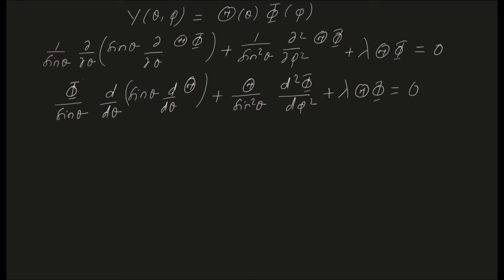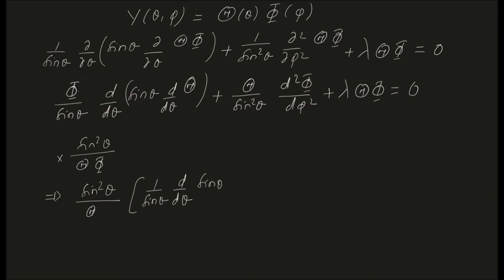Now if you multiply this entire expression by sin square theta, and divide it by capital Theta and capital Phi, and separate the terms involving capital Theta on one side and capital Phi on the other side, you get an expression like this: sin square theta by capital Theta into 1 by sin theta d by d theta sin theta d by d theta plus lambda into Theta is equal to minus 1 by capital Phi d square Phi by d phi square.